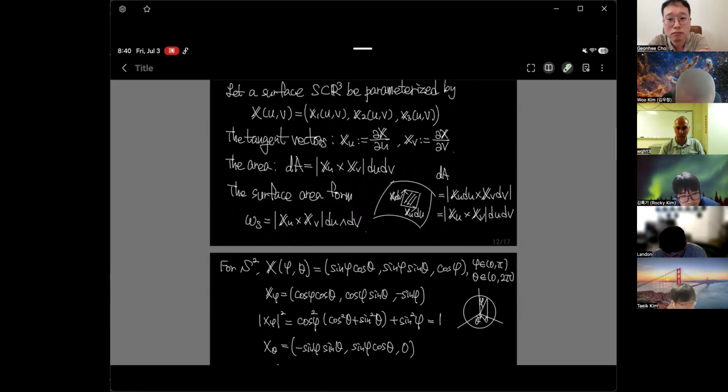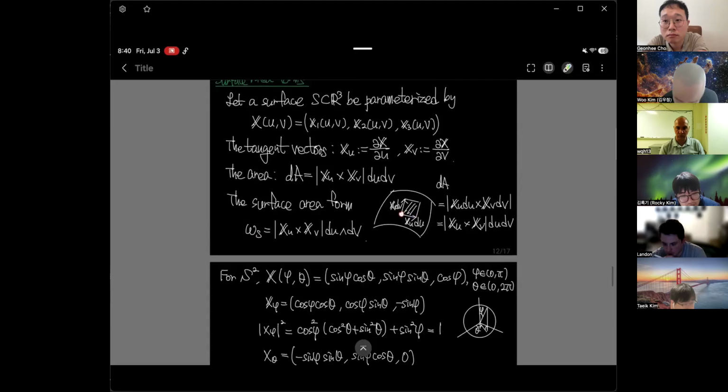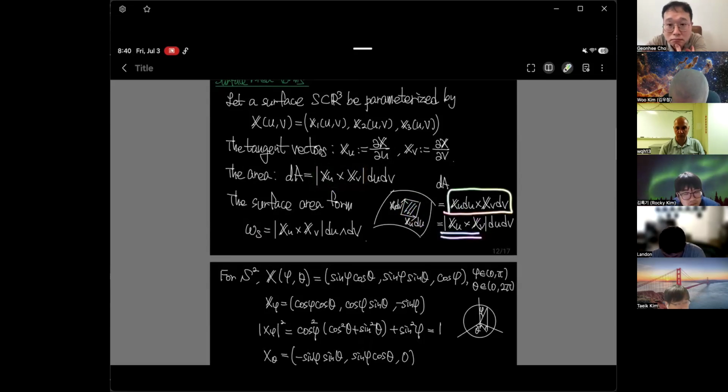Geometrically, we can think about it this way. If we have just one point, we have two tangent vectors. This cross product means the area of this parallelogram. So this one becomes this way, right? This parallelogram, du dv, we just think of as a scalar.